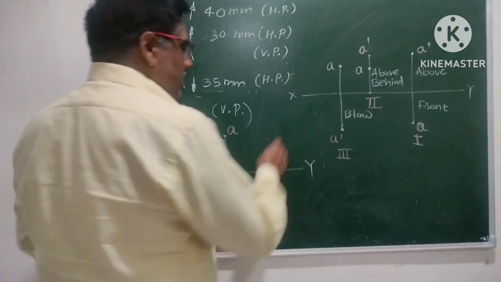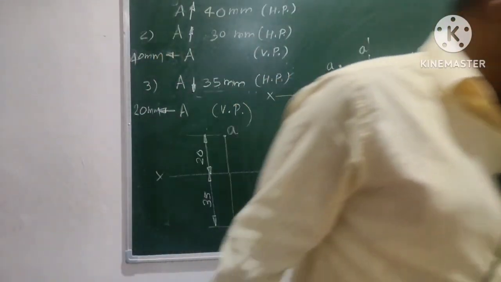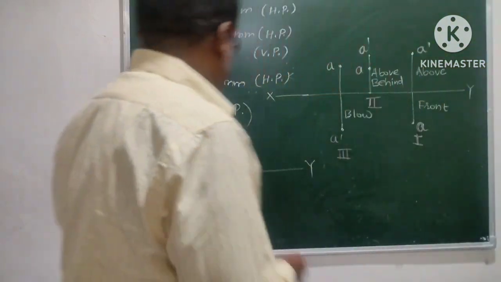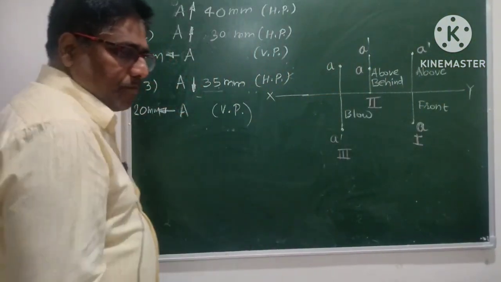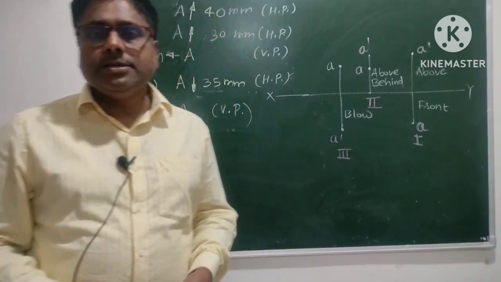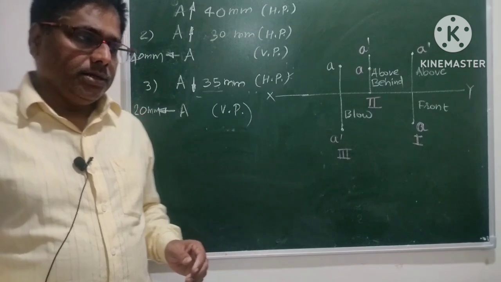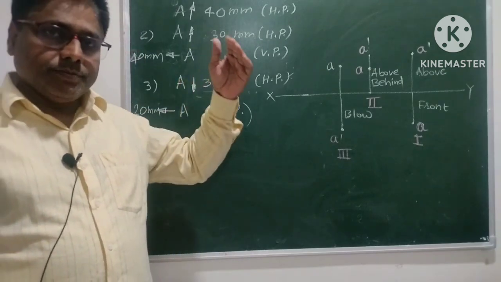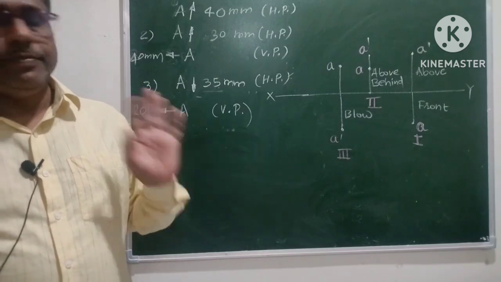Now let's talk about fourth quadrant. When the point is in fourth quadrant, what should be the description of the point? It will be some millimeters below HP and some millimeters in front of VP.